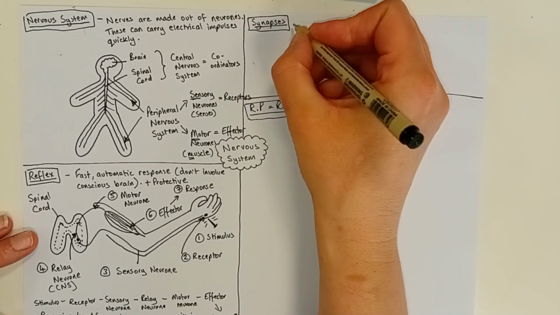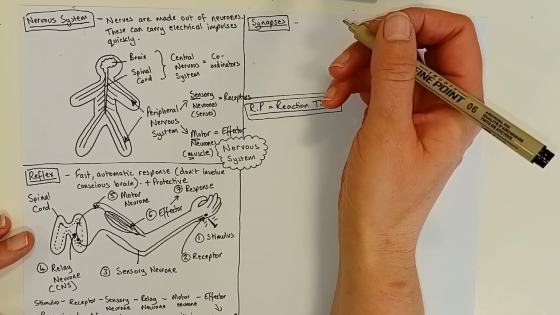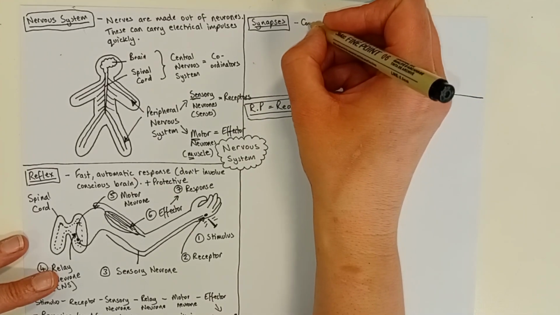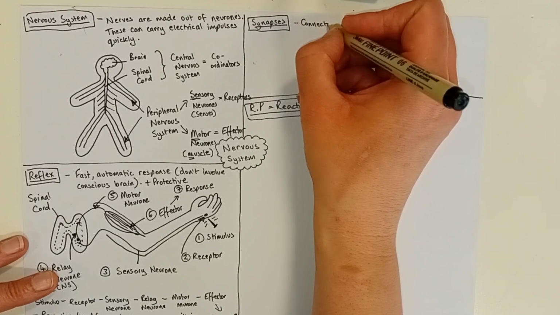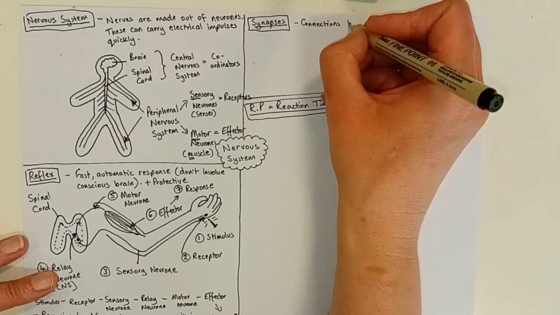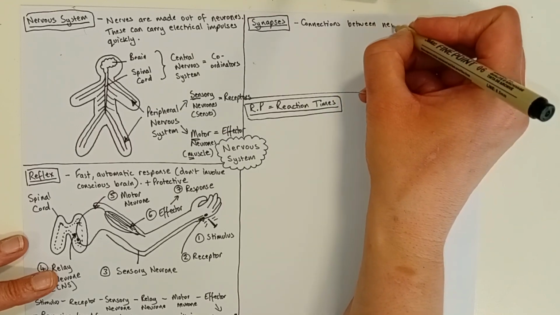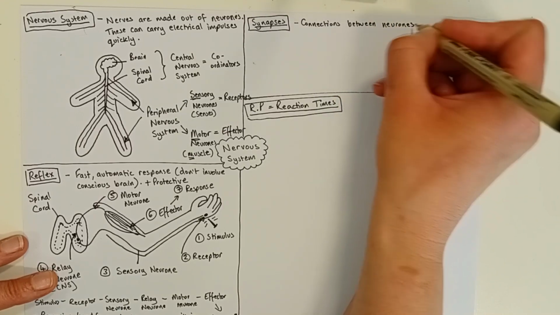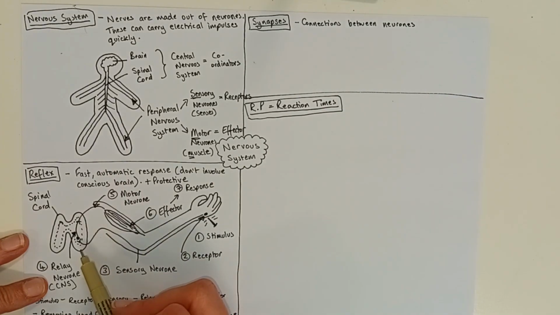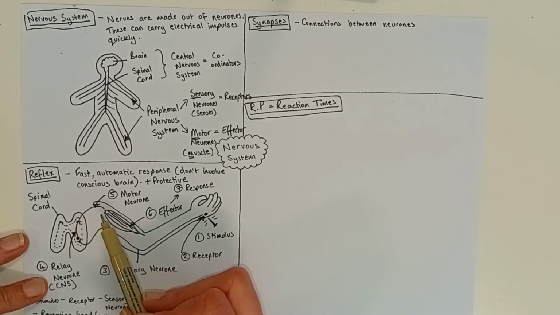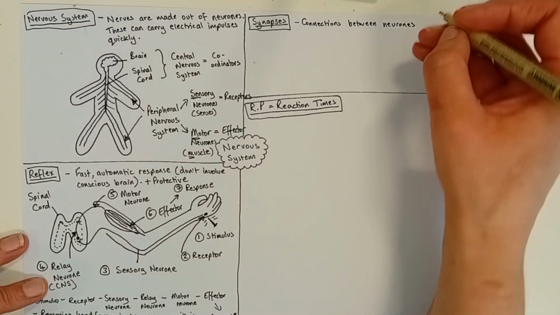On to synapses then. And synapses are connections between the neurons. We said that there are connections between neurons in the central nervous system. So between the sensory neuron and the relay neuron, and the relay neuron and the motor neuron, there are synapses.